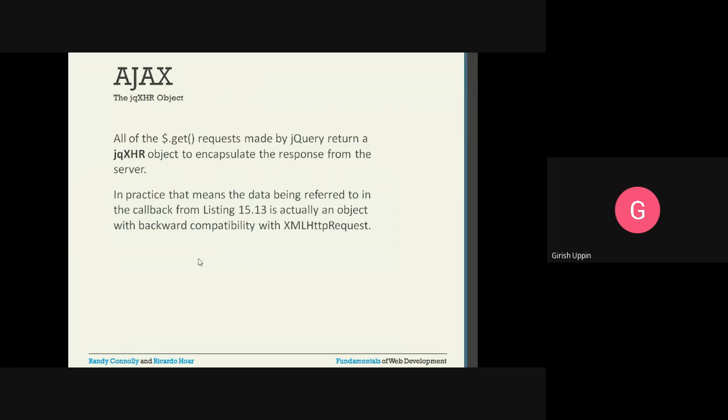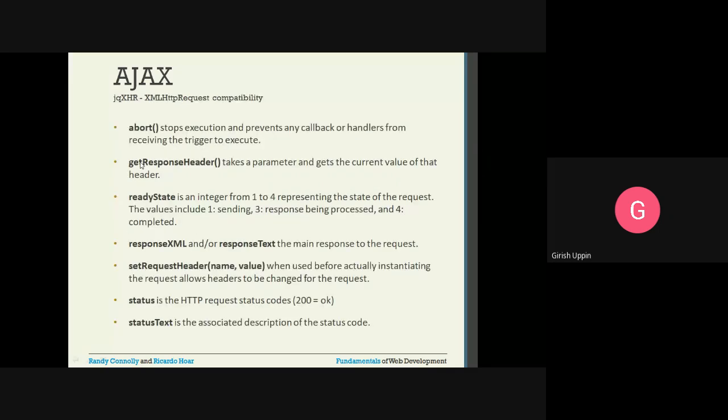Then we have the jqXHR object. Whenever we have the $.get request, that request is made, and as a response we are going to get this particular object, jqXHR. These are the different methods.